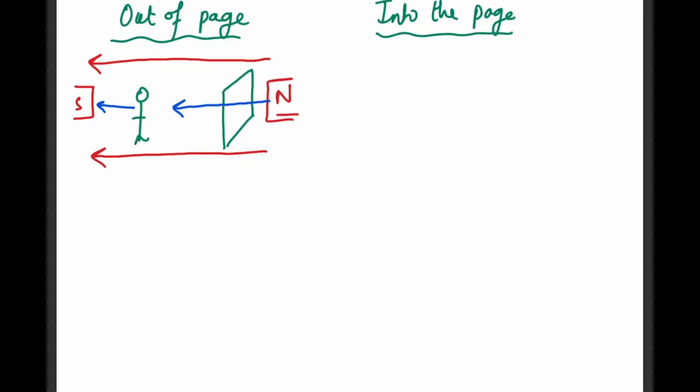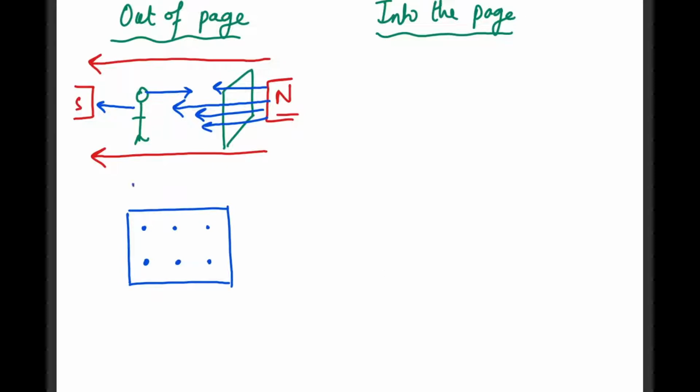So to represent this from your perspective, if I look at the board from your eyes, this is what the board looks like. All the magnetic fields that are coming out of the page, I would be representing them as dots. So all these infinite lines that are coming out of the page from the pole will be represented by dots. So a dot represents anything that is out of the page. It could have been current, it could have been magnetic field.